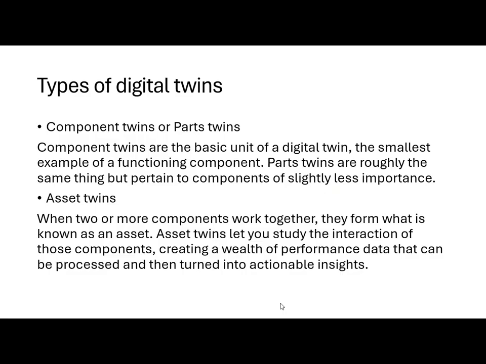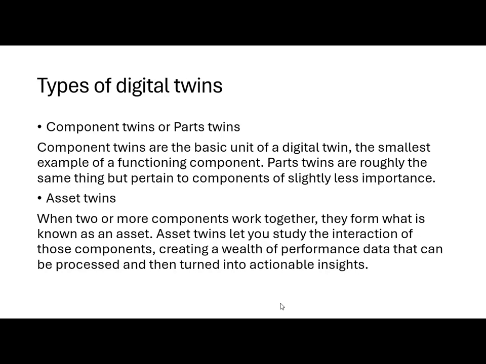They are all twins. Types of digital twins: component twins or part twins are the basic unit of a digital twin, the smallest example of a functioning component. Part twins are roughly the same thing, but pertain to components of slightly less importance.